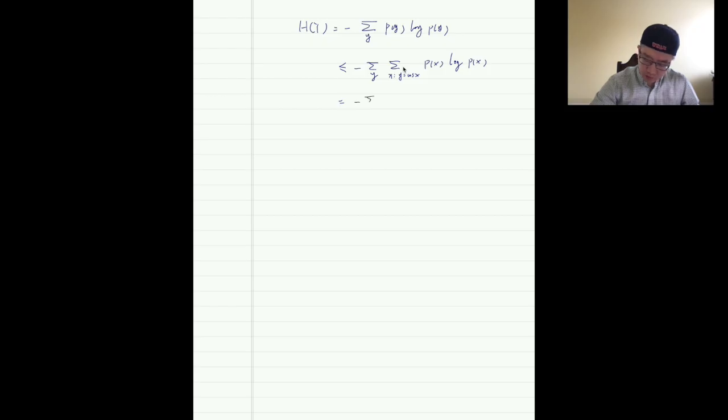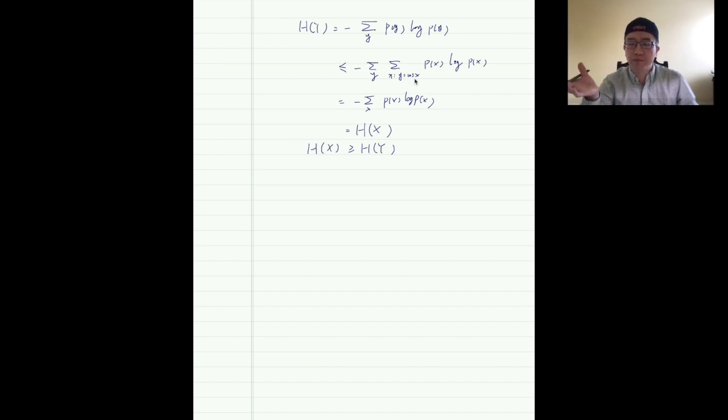So this equals px and log px, and together that will give you the entropy of x. Therefore the conclusion is that this is bigger than the entropy of y, which makes sense, right? Because when we do this transformation, y equals cosine x, the uncertainty will be smaller, because we sort of group different values of x into a single y, right? Therefore the uncertainty is kind of smaller, right?